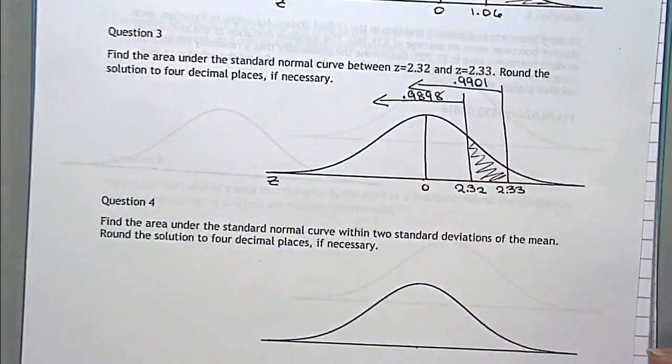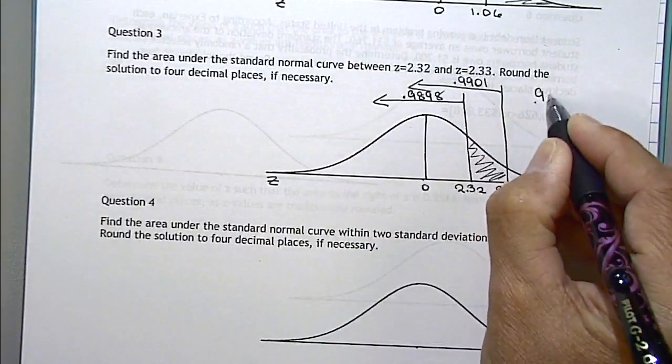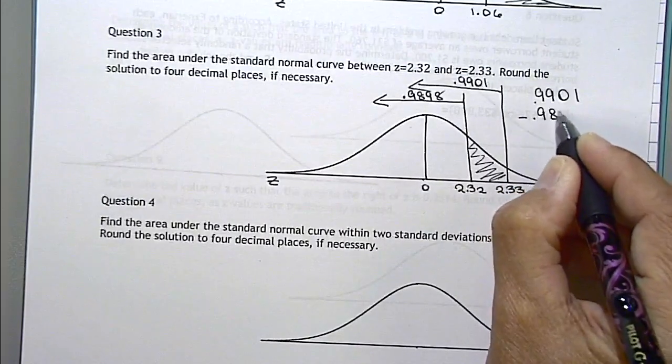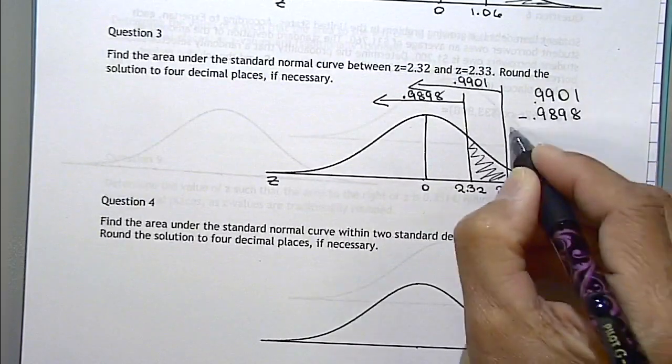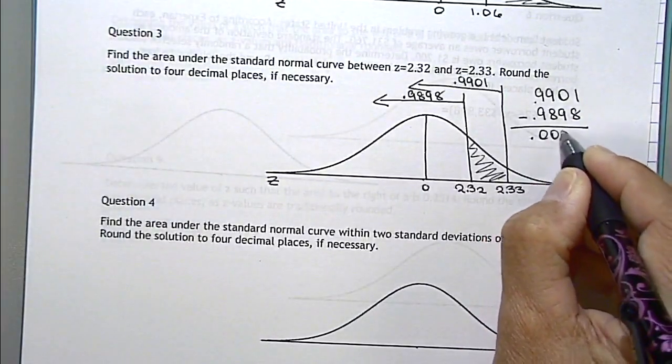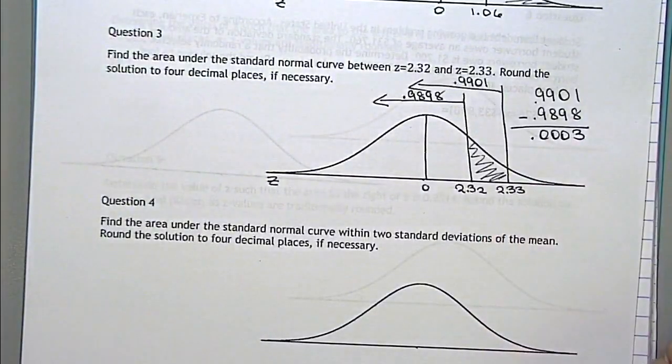Now, how would you find the area between those two? Yeah, you take the bigger one. Well, the bigger one's 0.9901, and you subtract the smaller one, 0.9898, and you get that big. It's not a big area, is it?